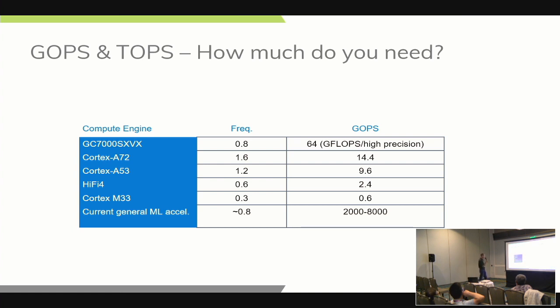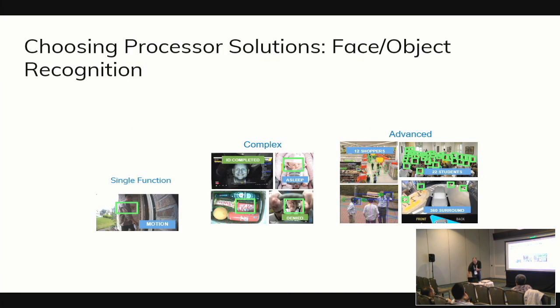And then you look at a Cortex M33, which is 0.6, and then the Cortex A53s and A72s. So it's still within the same order of magnitude. But if you need super high performance processing for ML, you definitely have to go to some type of ML accelerator.